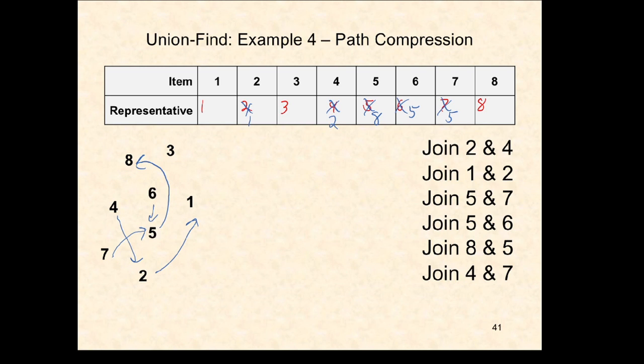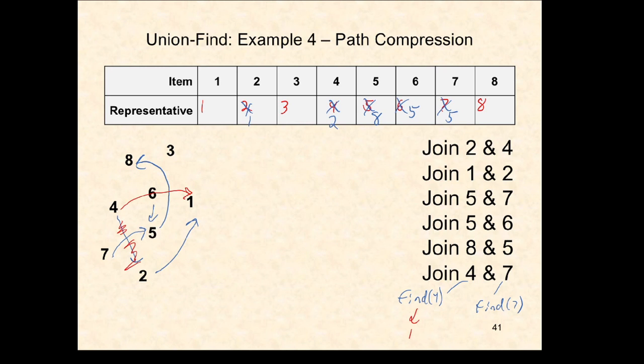Well, to do this, I have to do a find on 4, and I have to do a find on 7. So when I do a find on 4, 4 says 2, 2 says 1, 1 says, yes, it's me. So we know the ultimate representative, find of 4 says 1, but in doing that, we compress the path so that 4 points directly to 1.